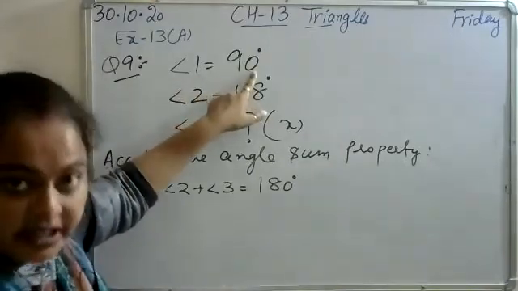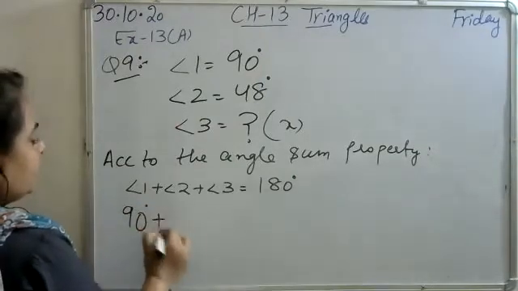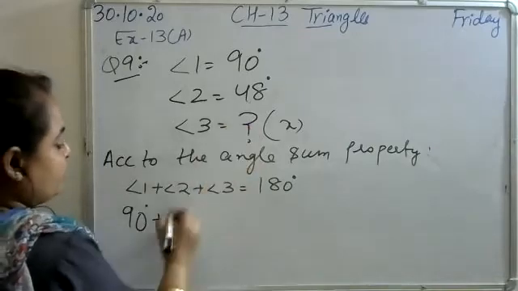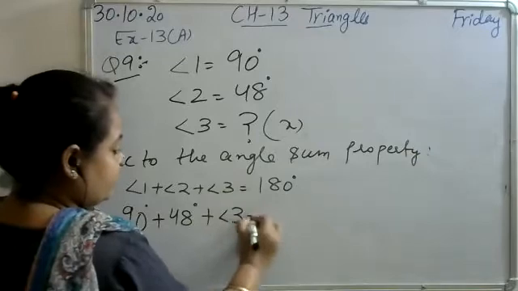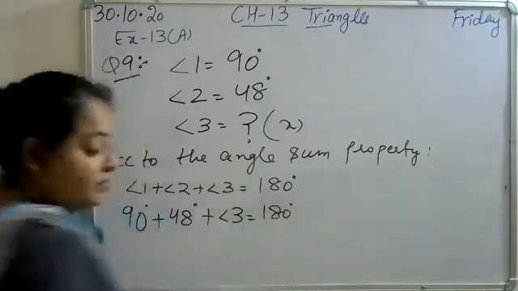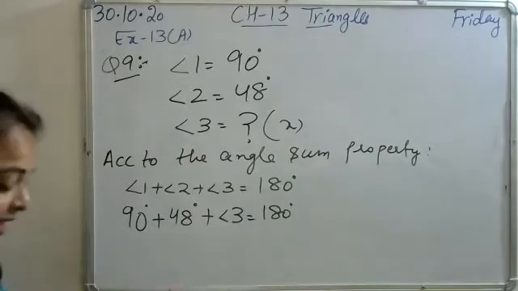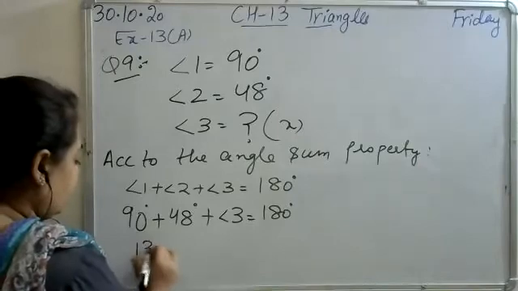Given to you, 90 degrees. So here you will write 90 degrees. What is the measure of angle 2? 48. So you will write 48 here. And angle 3 as it is, because we will find this angle. Now 90 plus 48 will give you 138 degrees.